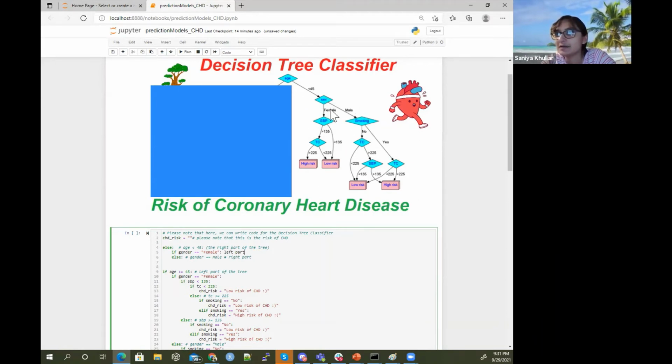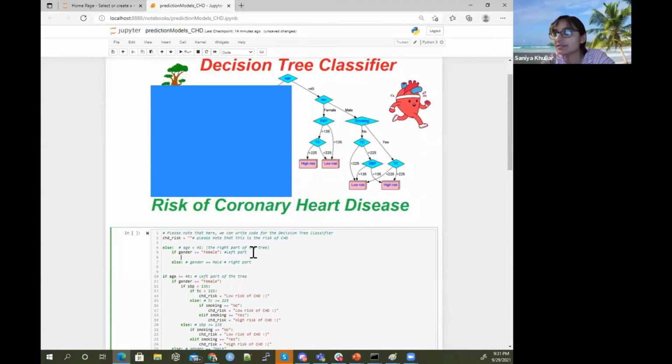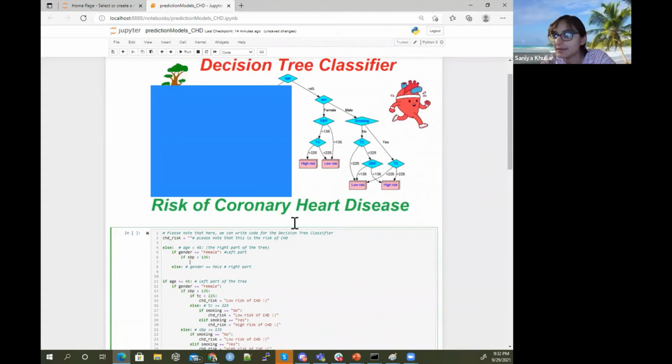So for this part now, we just focus on the female section, where we check if systolic blood pressure, if SBP, is less than 135, then we are at a low risk of CHD.